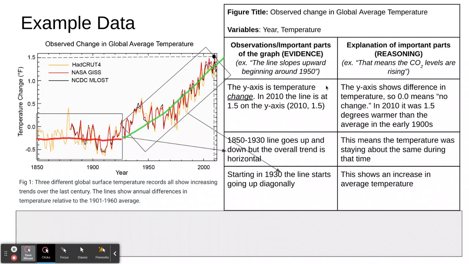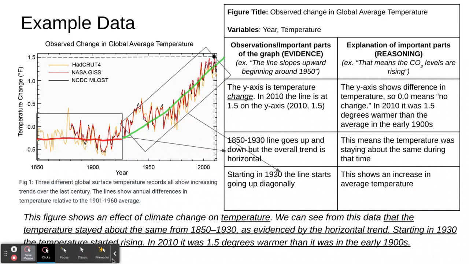Okay, so now I have three different things that I noticed. I just explained what I saw, and then I explained what I think that means in this column. So putting all of this together, this figure shows an effect of climate change on temperature, right? That's the thing that I'm seeing change.